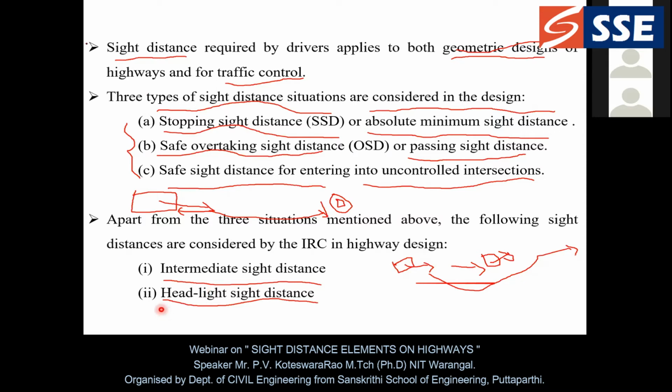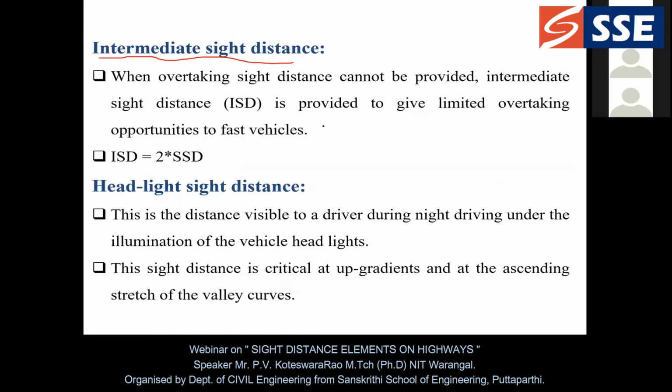So here, intermediate sight distance. Is it possible to provide the overtaking sight distance in all the junctions? Sometimes it may not be possible for us, especially when the width of the road surface is very less and traffic is allowed in both directions.